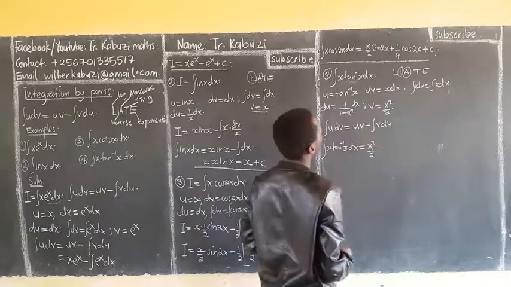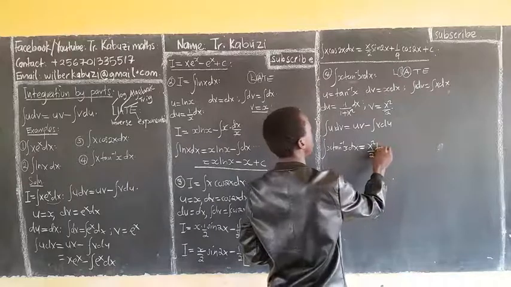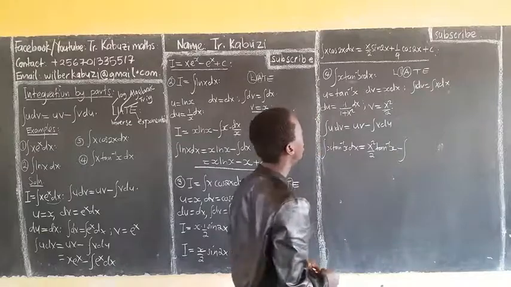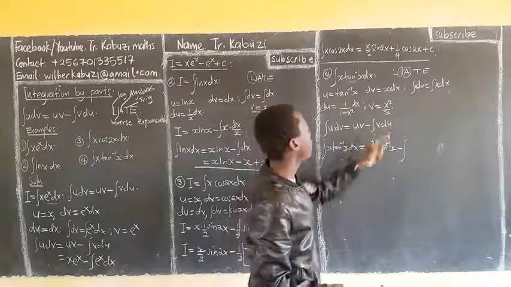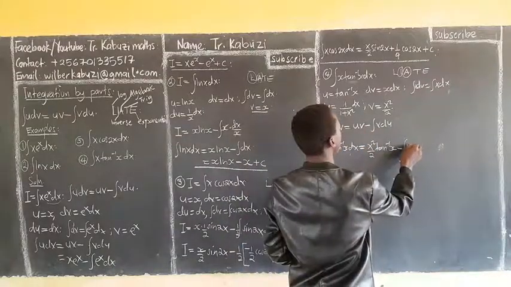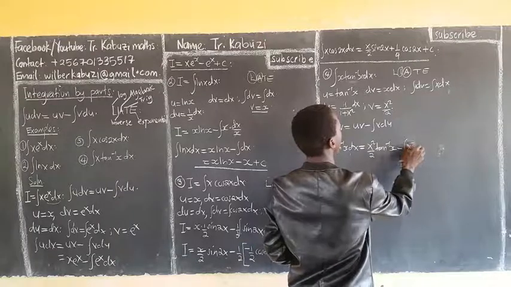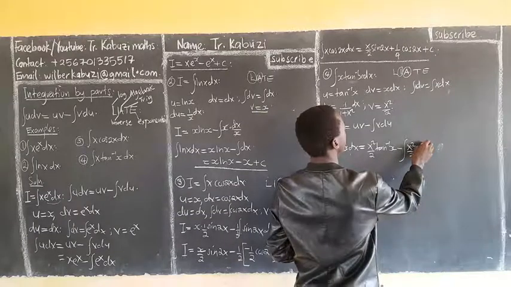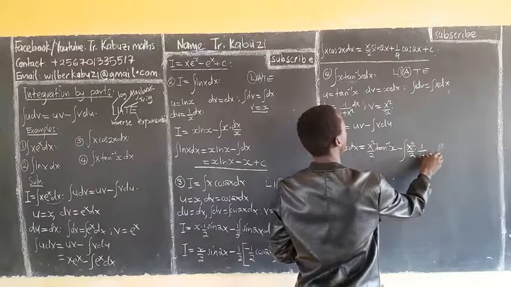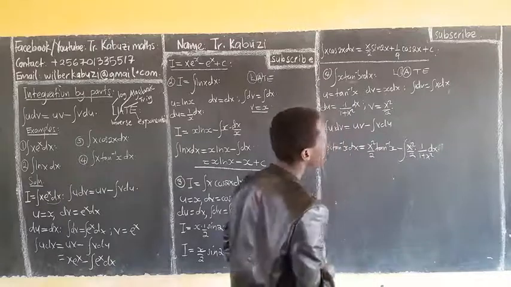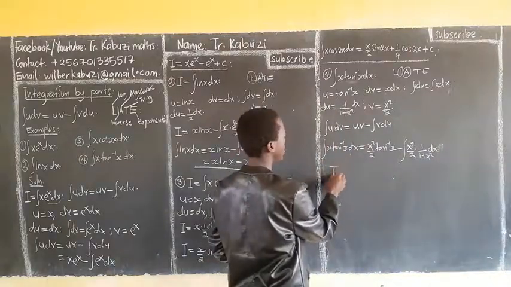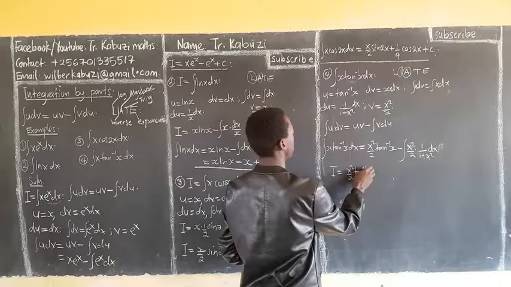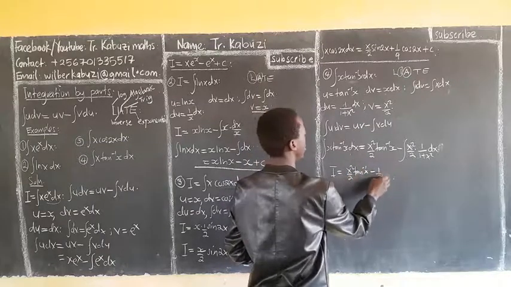So x squared over 2 tan inverse of x, then minus integral of v, which is x squared over 2, then du, which is 1 over 1 plus x squared dx. So now to write that, the integral is going to be x squared over 2 tan inverse of x, then minus this half out.